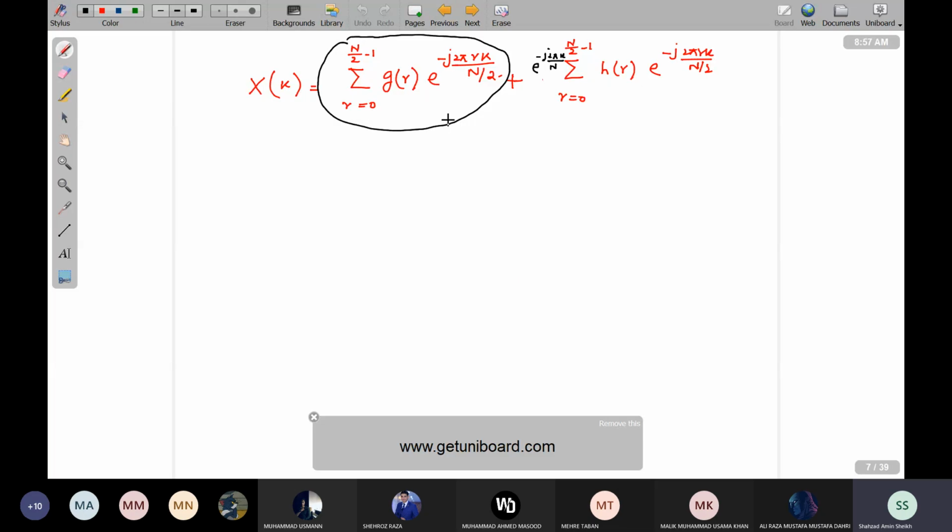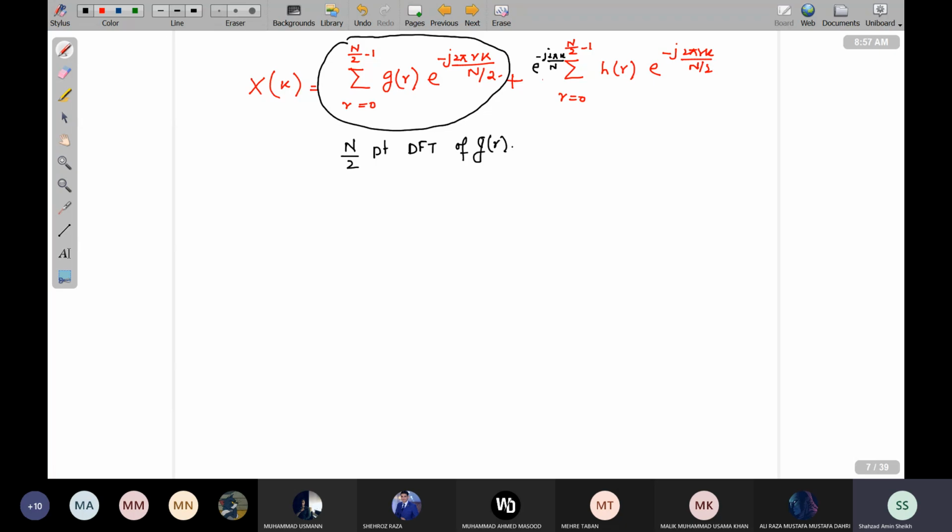Say something, even if it's wrong, what difference will it make? Sir, n over 2 point DFT of g of r. Great, excellent. This is n over 2 point DFT of g of r, and we are naming it as g of k, and this term is n over 2 point DFT of h of r, and we are naming it as h of k.